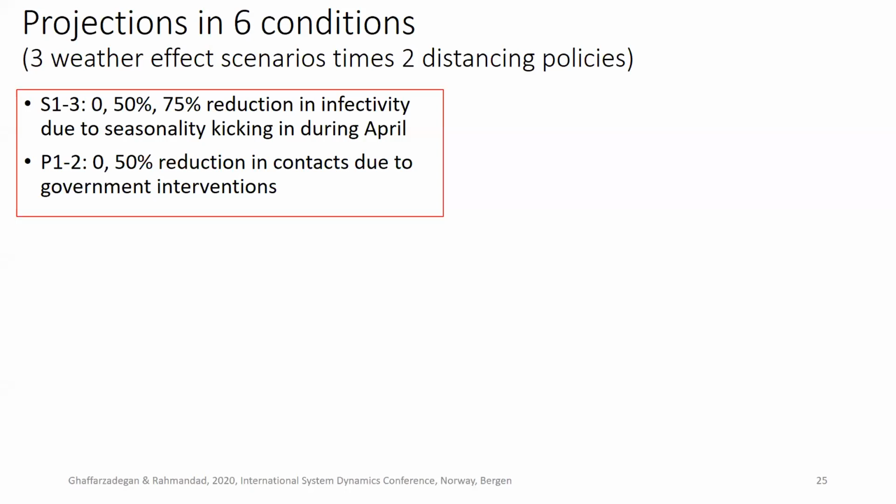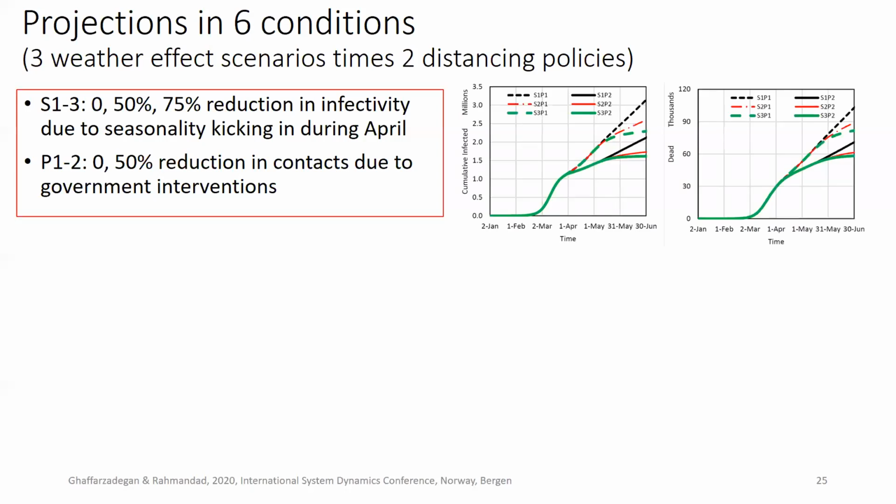So one is just leave it to the society and kind of naturally react to issues that are happening. And the other is more aggressively stop interactions. So 3 and 2 will give you 6 conditions. And you run the model for those 6 conditions and look at the trajectory.